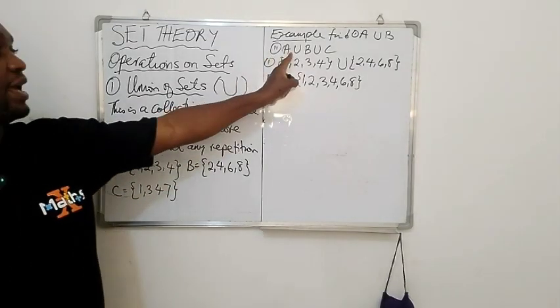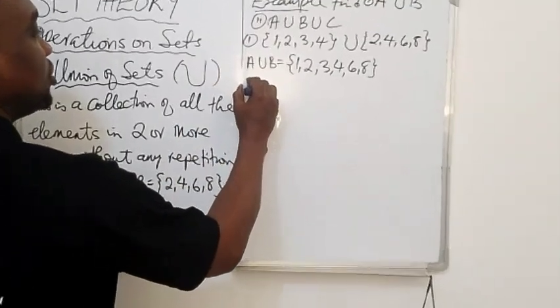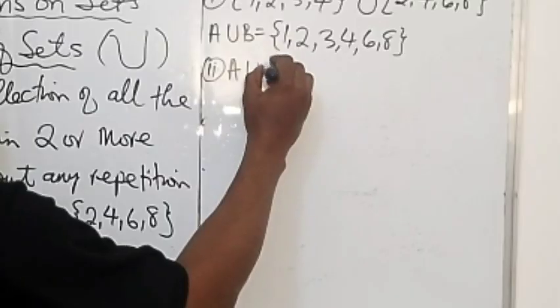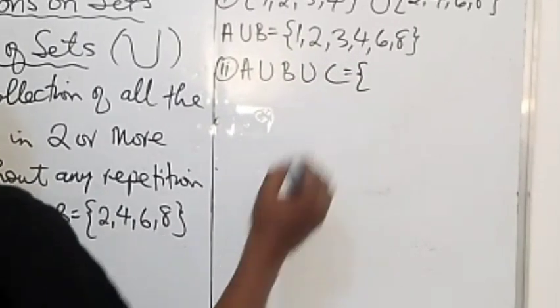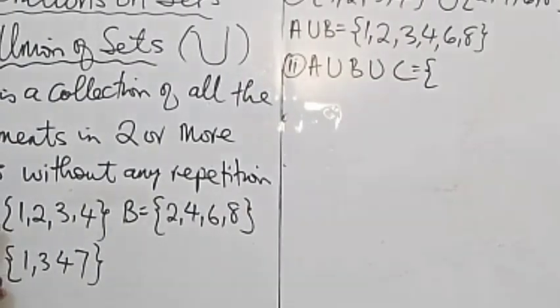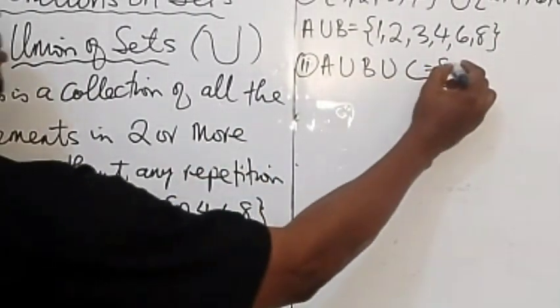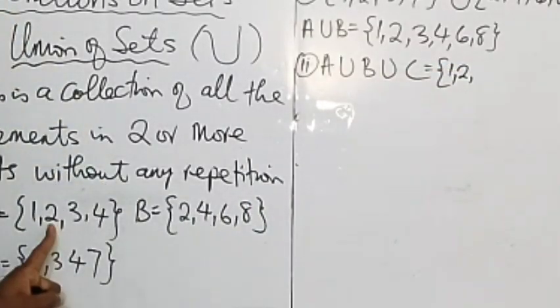Let's look at A union B union C. This is the second one. For A union B union C, this will be a set. So we have 1, there's 1 here, so 1 is a member. We have 2, that's a member.